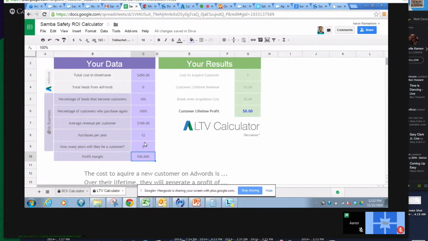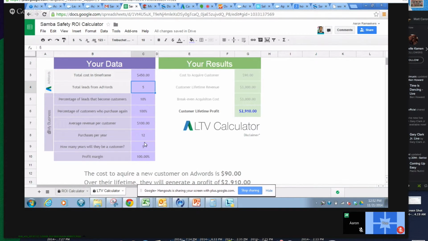So what we would then do is let's start plugging in some leads. So let's say that you go up there and put in like 5 for the leads. All right. Great. Now this is going to look pretty good, right? Because you have pretty good margins here. So what this is then saying is, if you just generated 5 leads, assuming that 10% become a customer, and then overall these lifetime metrics that we just plugged in, your cost to acquire that customer on the right-hand side is $90.